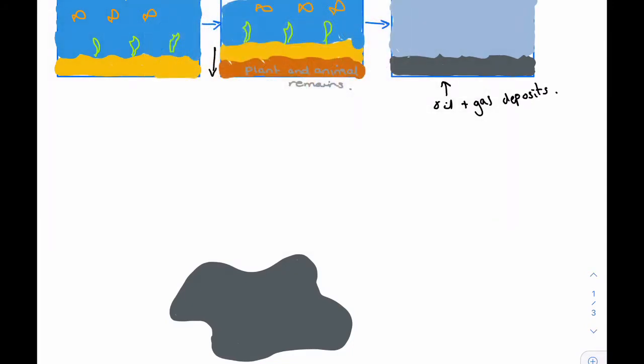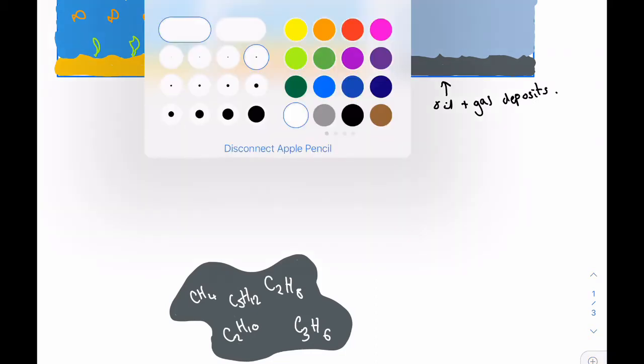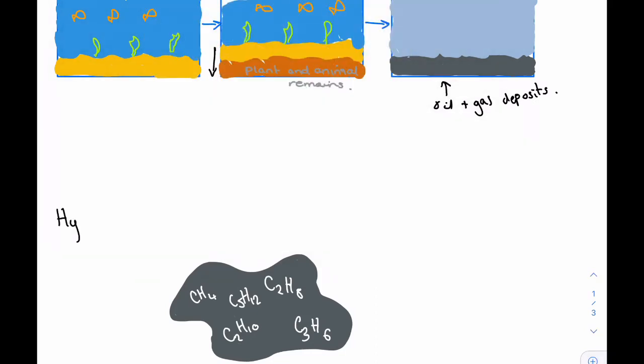If we were to scientifically look at what's in it, we might have something called CH4, we might have C2H8, you might have C2H10, C3H6, you might have C5H12, and the pattern there is that all of those molecules are molecules with carbon and hydrogen in them, and what we call them is hydrocarbons.